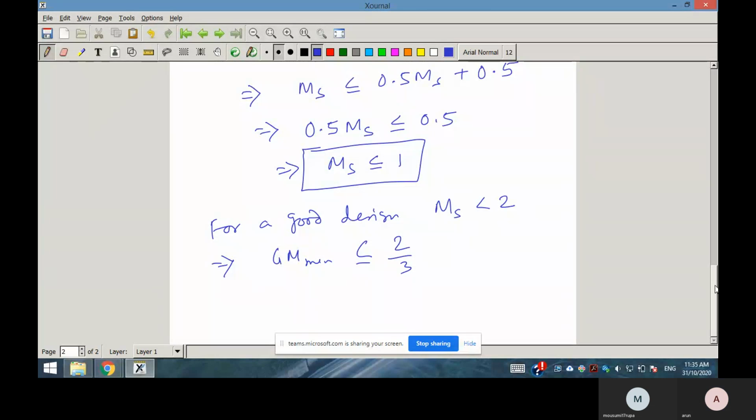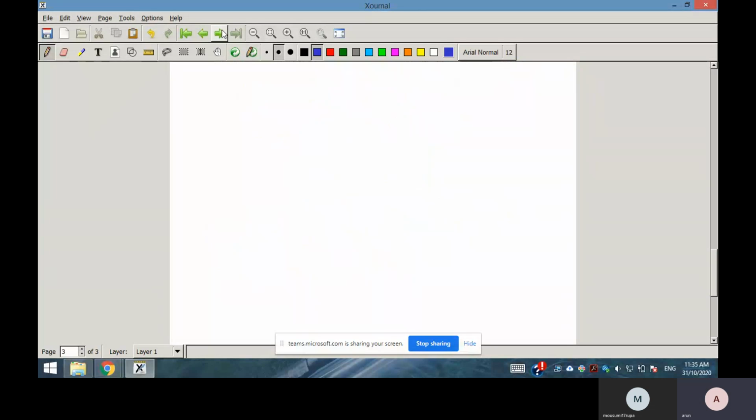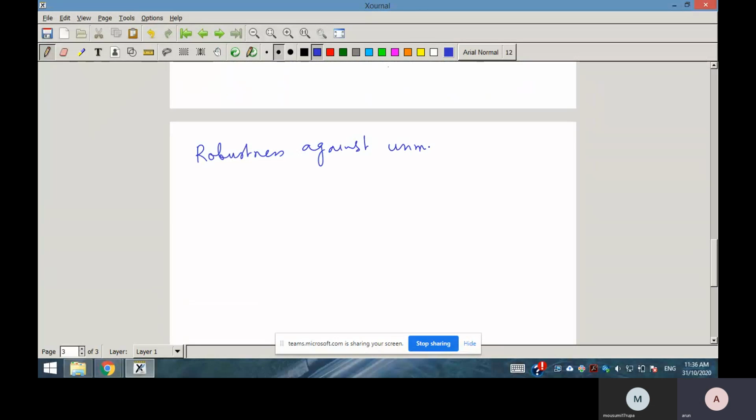That we'll see. If I want to derive some condition under which robustness against unmodeled or neglected dynamics can be guaranteed.